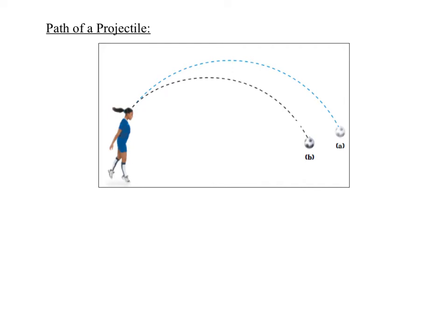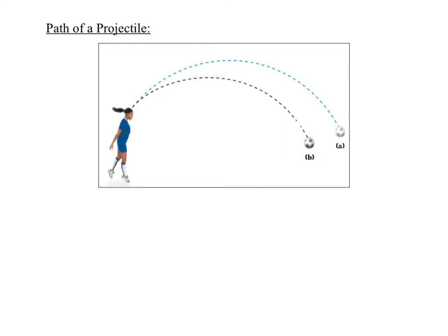We have an image here of a soccer player heading a soccer ball, and there are two paths taken here. Path A is the idealized path. If path A is the idealized path, what would path B be? The realistic path.